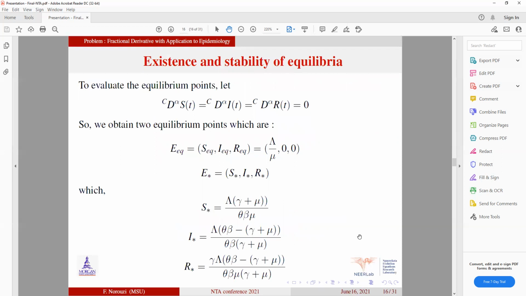Another part that we did is the existence and stability of equilibria. We set each equation in the system equal to 0, and we found 2 equilibrium points, E of EQ and E star, based on 3 different cases.